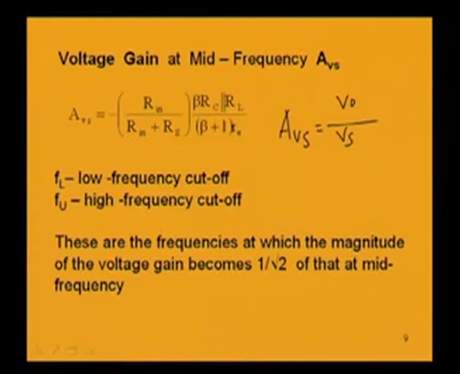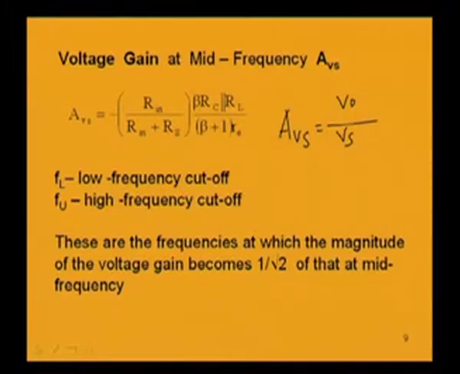So this we are familiar with from our earlier analysis. So this is the overall gain of the amplifier in the mid frequency range, because it does not have any frequency component, it is constant.